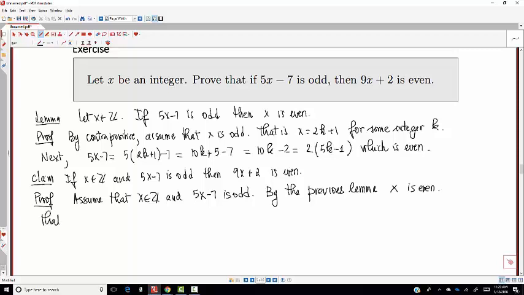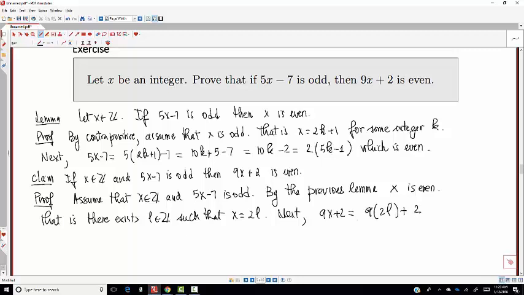That is, there exists some integer L such that x is equal to 2L. Next, 9x plus 2 becomes 9 times 2L plus 2, which is 18L plus 2, and factoring 2 out, we get 2 times 9L plus 1, which is even.